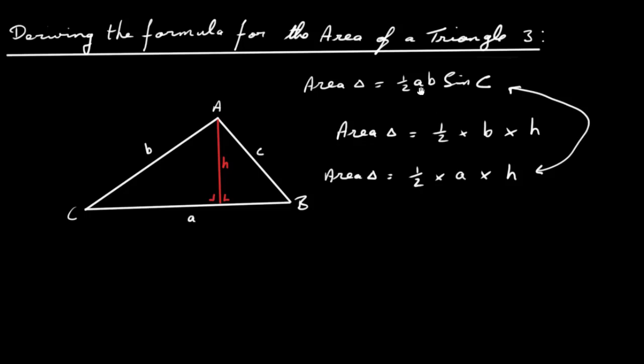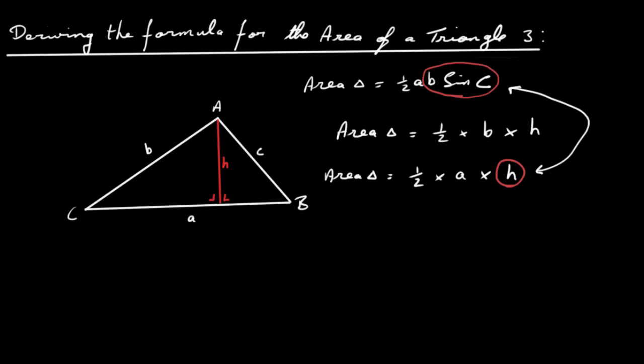We have our a here and our a here, but the b sine C part here has been replaced with an h here. So we've got to show that h here is just b sine C.